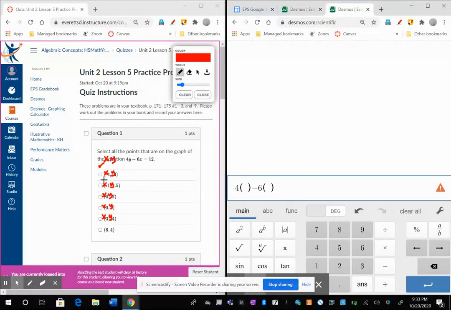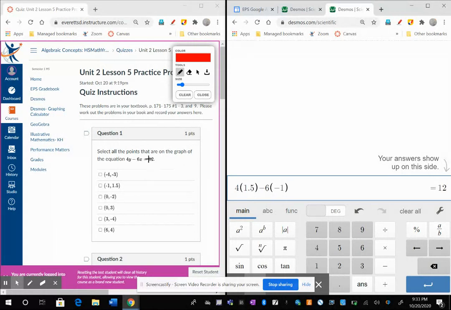The next pair of numbers I want to check, we already checked this one, is -1 for x, so that's this number right here, and 1.5 for y. Look over here, it equals 12. Yay!